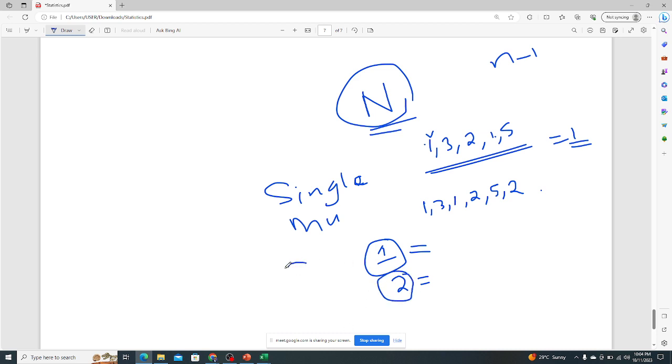So for one mod, it's single, and for multiple mod, it will be two values. So tell me, which is single mod from this, and which is the multiple mods from this? It's confusing, but there is a point I want to drive home.